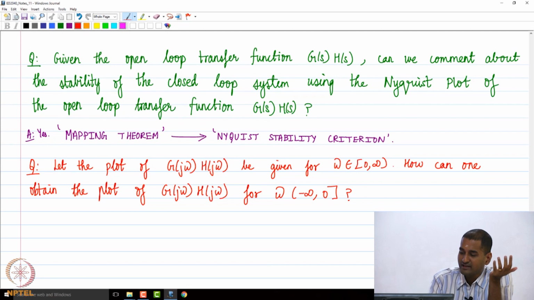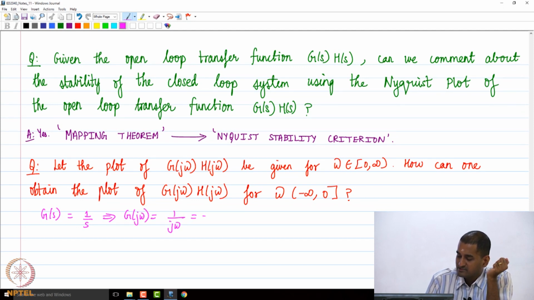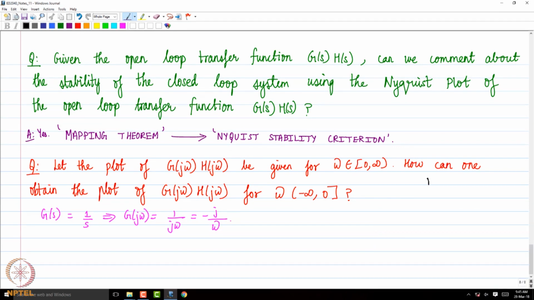For example, we did 1/s, G(s) was 1/s. So G(j omega) was 1/(j omega), which is minus j/omega. Now if omega is non-positive, that is, it comes from minus infinity to 0, what do you think will happen?